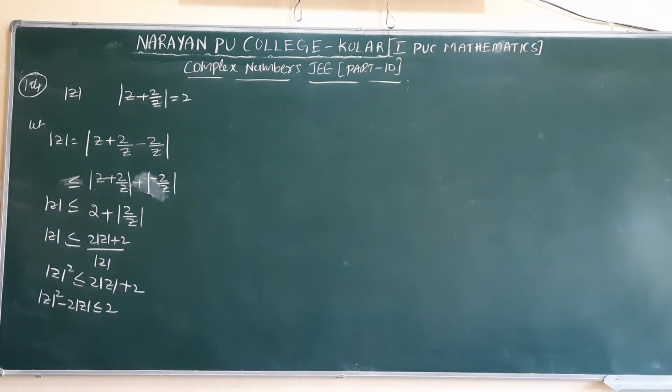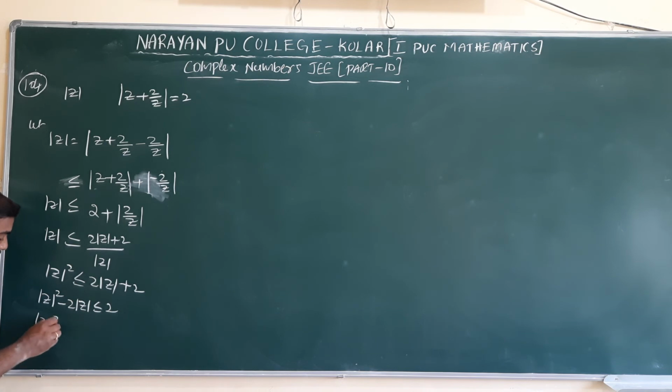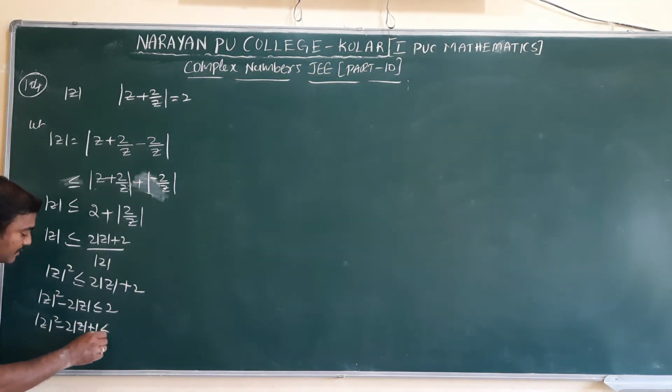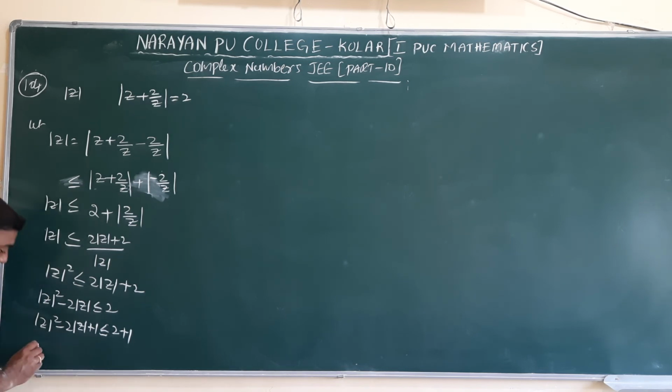Now adding 1 to both sides, what do we get? Modulus of z square minus 2 into modulus of z plus 1 is less than or equal to 2 plus 1. Now it is of the form a square minus 2ab plus b square. It can be written as modulus of z minus 1 whole square is less than or equal to 3.